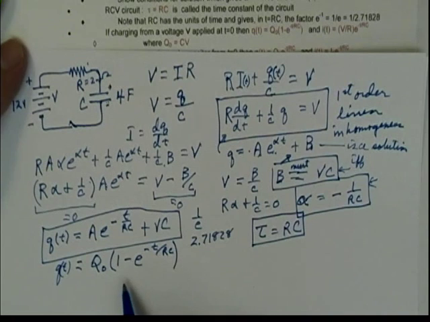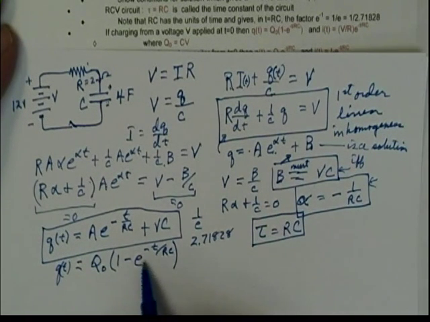Now that arises because you can see that at t equal to 0, e to the 0 is going to be 1, and this says our charge originally is equal to 0, so it satisfies those conditions.